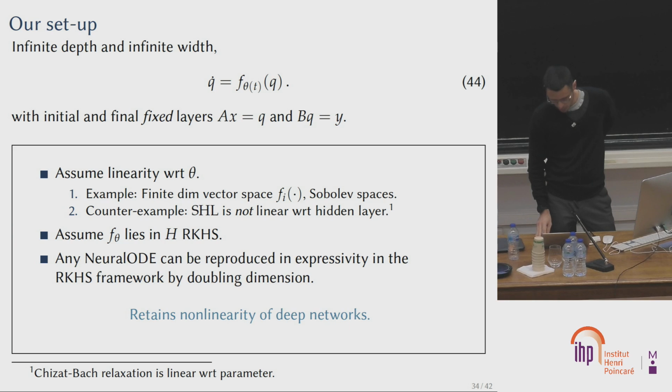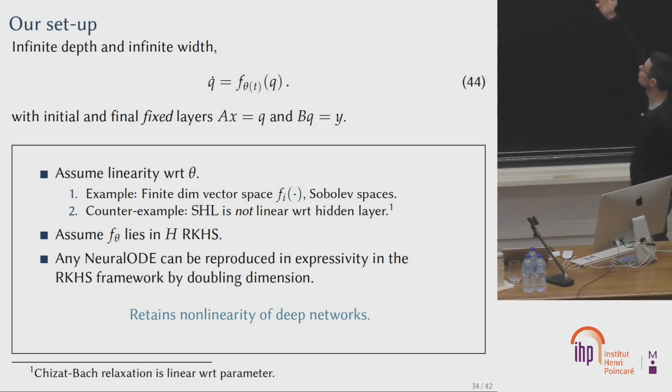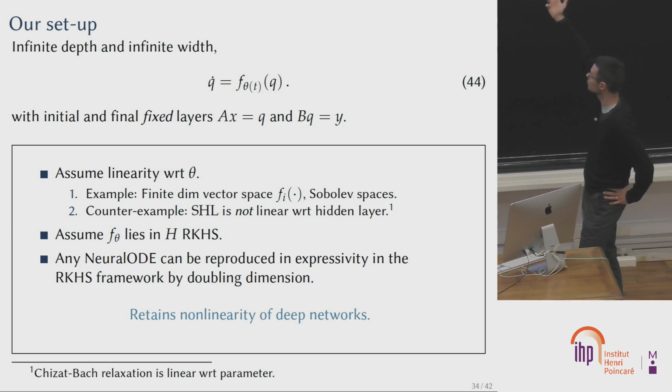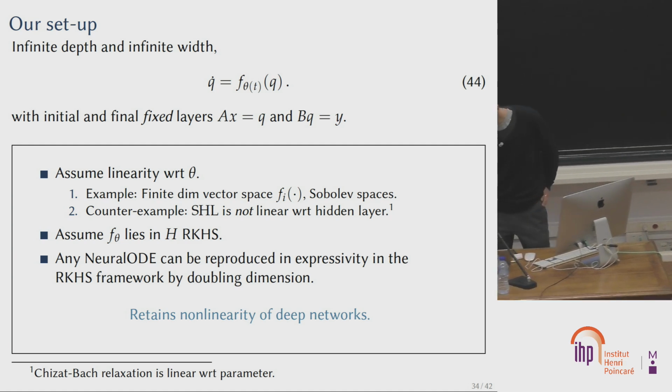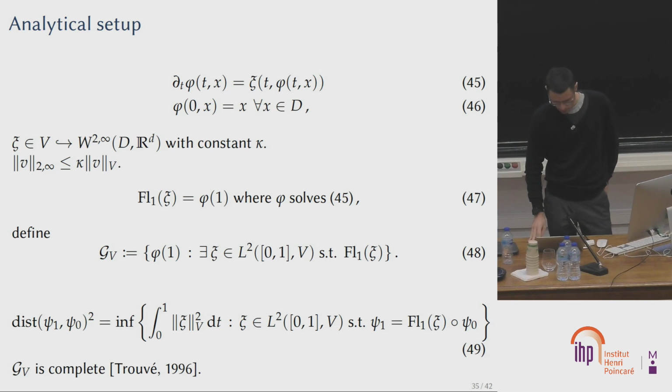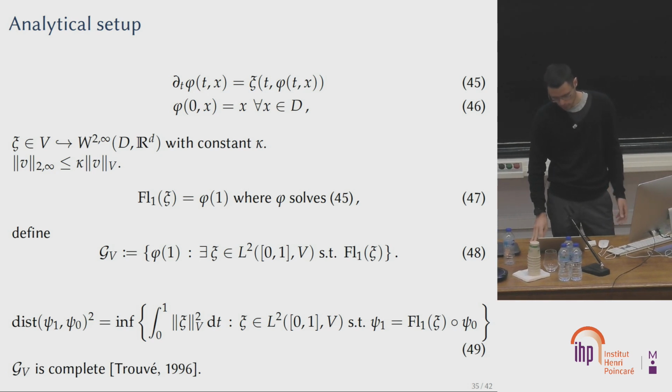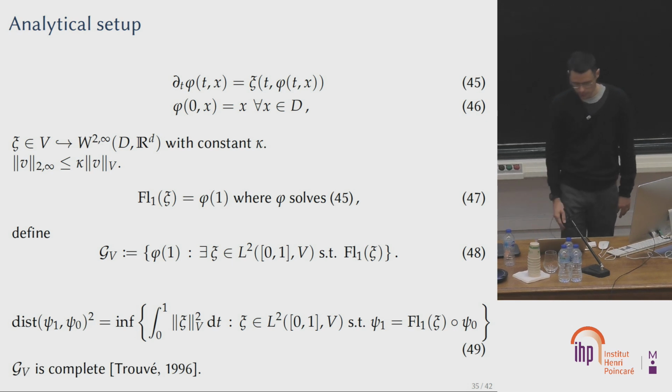So I do think that this model captures the nonlinearity of deep networks. And for this model, we are able to show that it satisfies a sort of local Polyak-Lojasiewicz inequality.